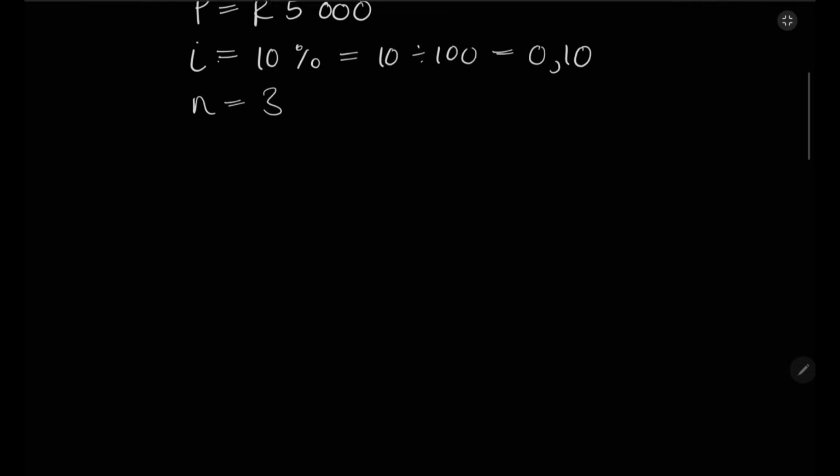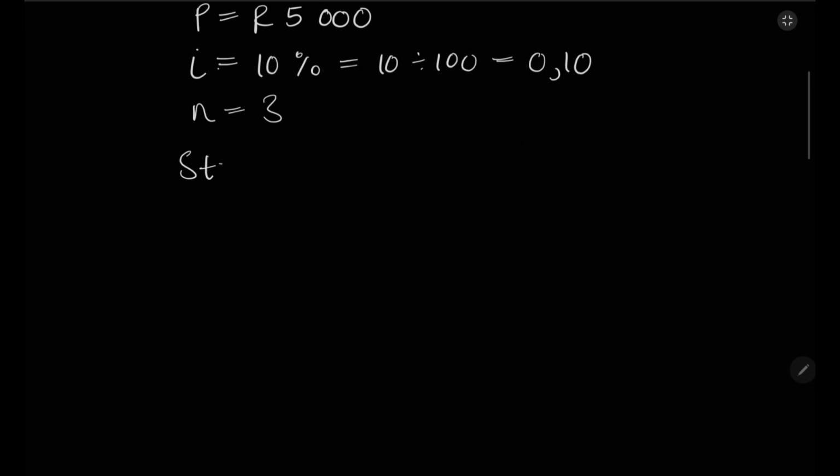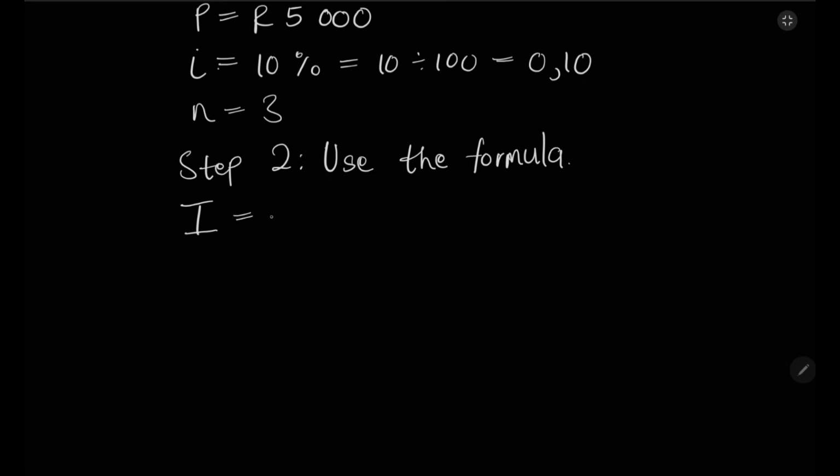Let's move to step 2, where we use the formula. So please write all this information that I'm writing so that it's easier for you guys to revise. What is the formula again? Interest is equal to P times I times N. Principal amount times interest rate times number of years.